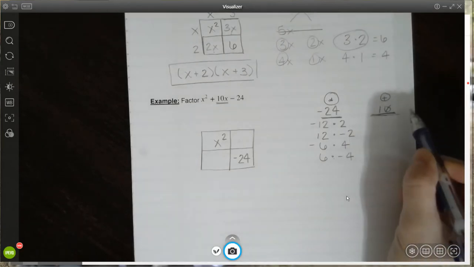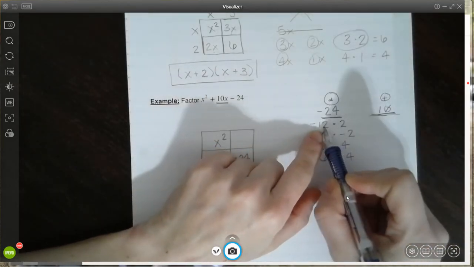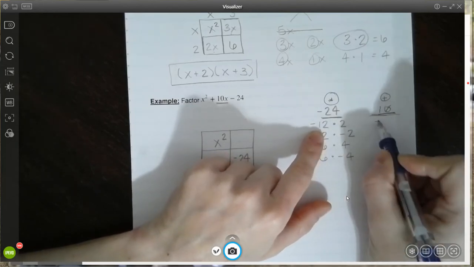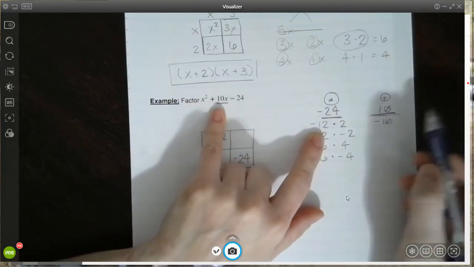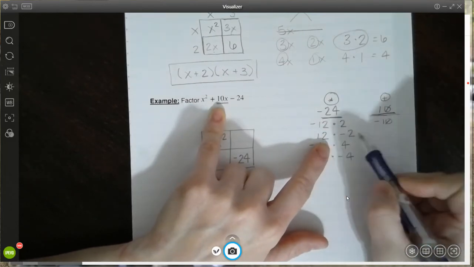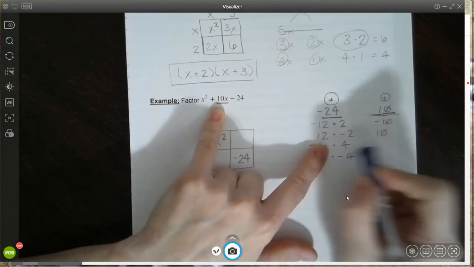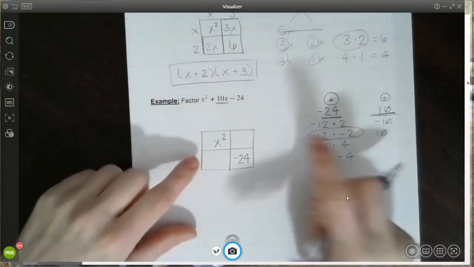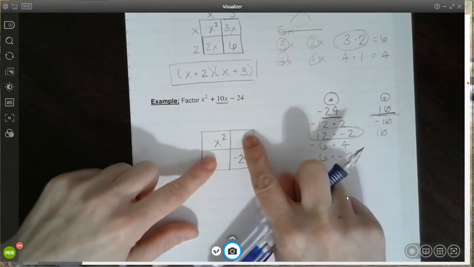So now I'm thinking, okay, negative 12 plus 2 would give me negative 10. That's not going to work because I want positive 10. 12 plus negative 2 does in fact give me positive 10. So that tells me these two are the values that will be in these boxes here.